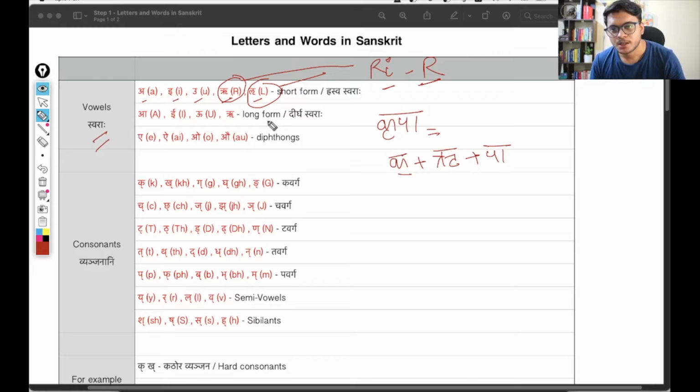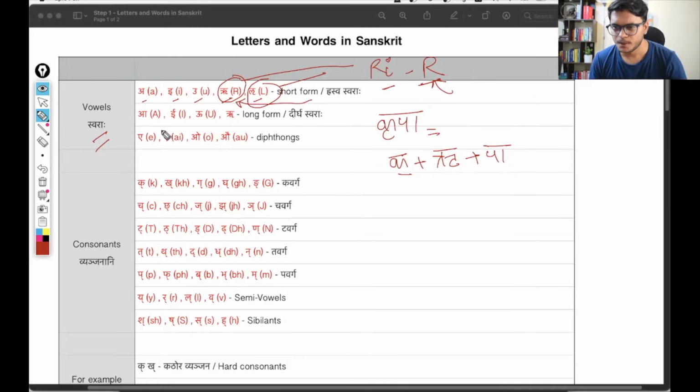This vowel is neither pronounced as ri, you don't say kripa, nor as ra, you don't say krapa. It is pronounced like r, with a bit of a roll of the tongue. You need to roll out your tongue. Kripa. So this is how this vowel is pronounced.